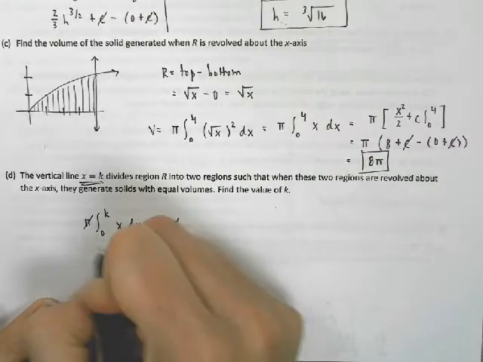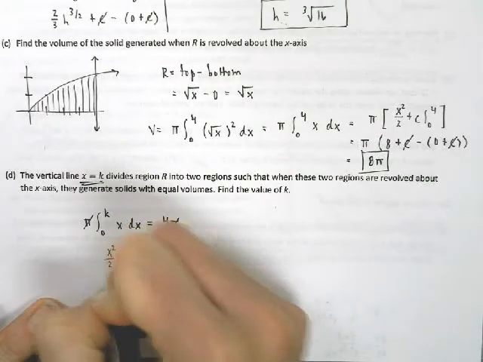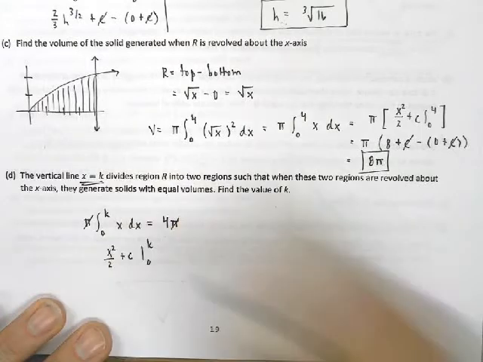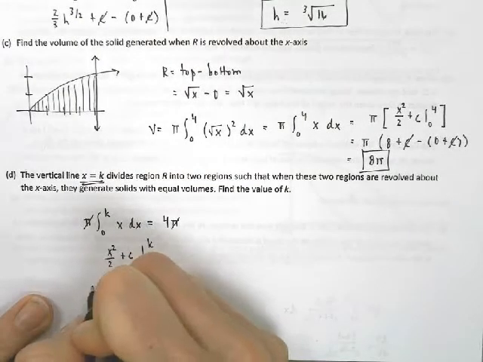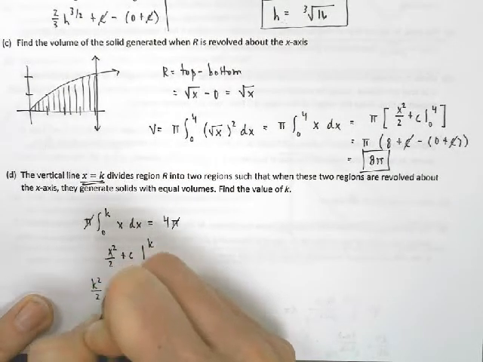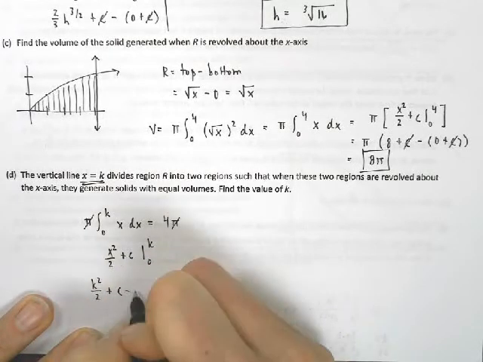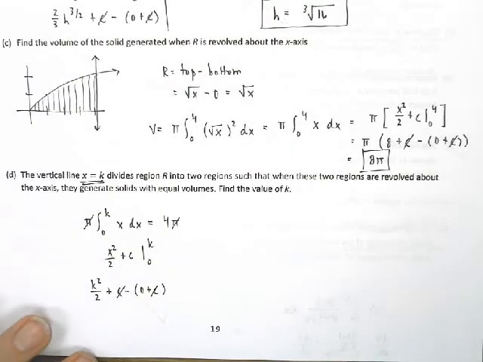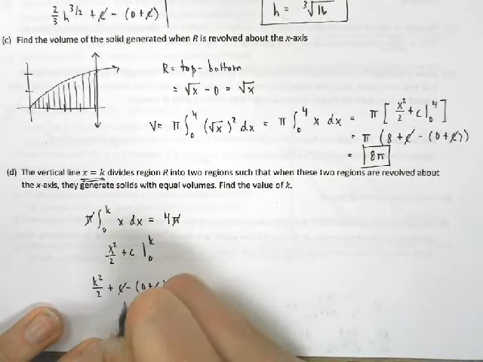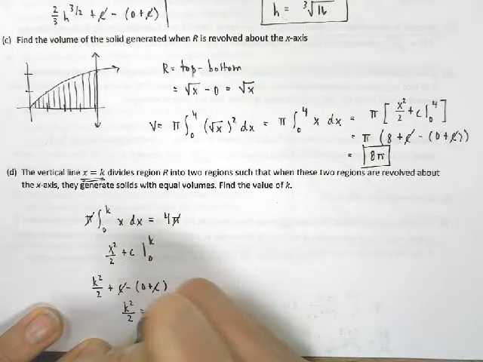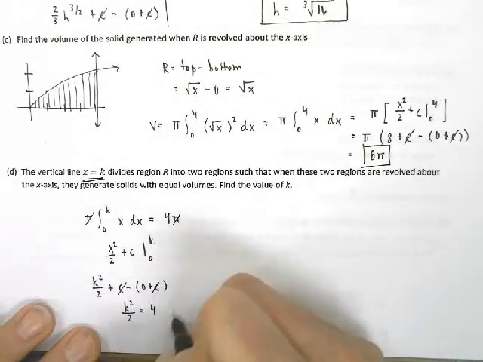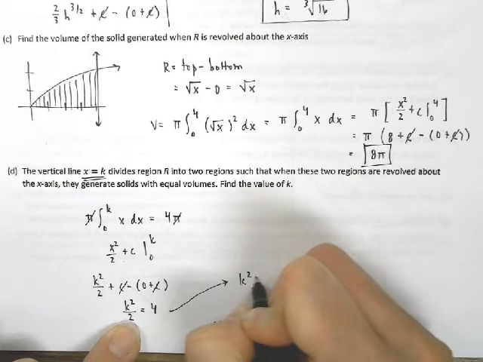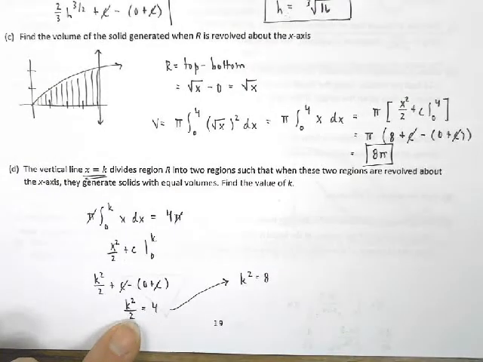Okay, now I can take my antiderivative, x squared over 2 plus c. I'm integrating from 0 to k. So I have k squared over 2 plus c minus 0 plus c. So I have k squared over 2 equal to 4. I'm going to multiply by 2, so I get k squared equals 8.